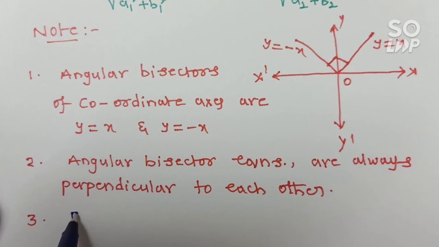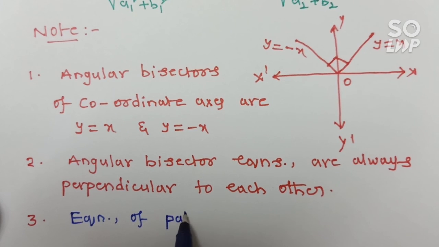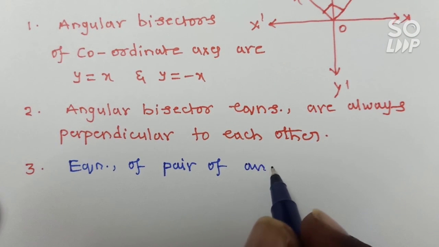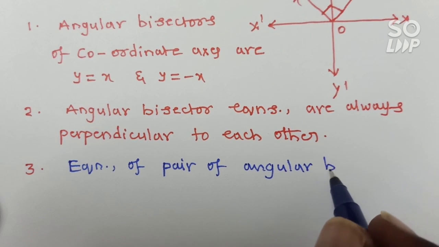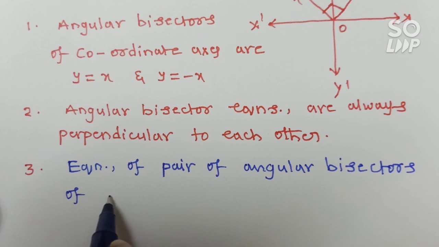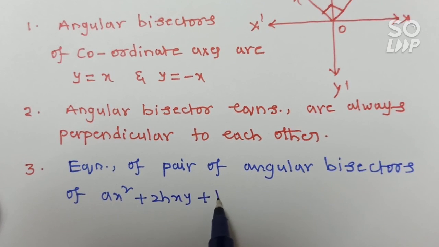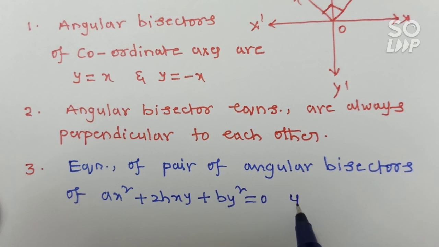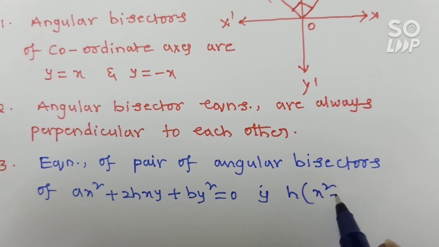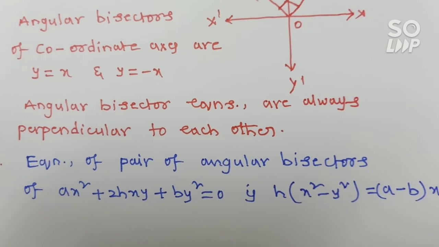See this one, the equation of the pair of angular bisectors of a x square plus 2h xy plus b y square equals 0. The formula will be h into (x square minus y square) equals (a minus b) into xy.